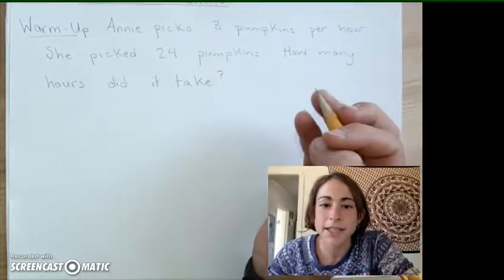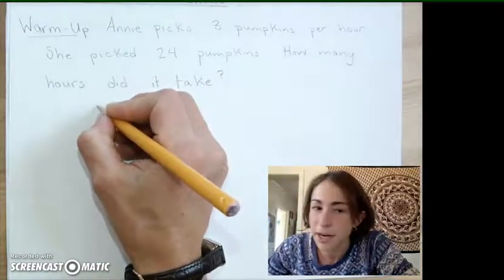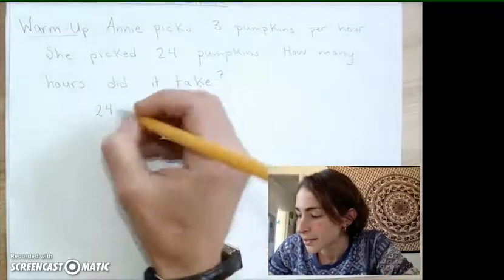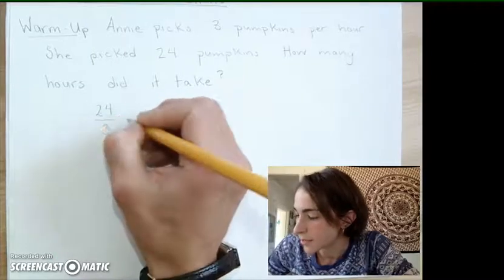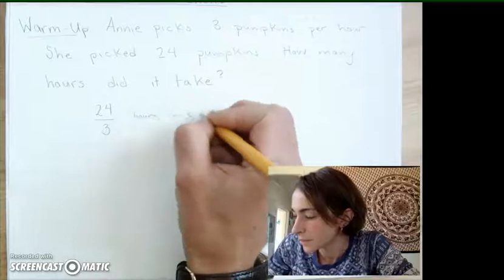So this is a really easy problem for you to do, I'm sure. If she picks 3 pumpkins per hour, and she has 24 pumpkins, then it should have taken her 24 divided by 3 hours. So 8 hours.